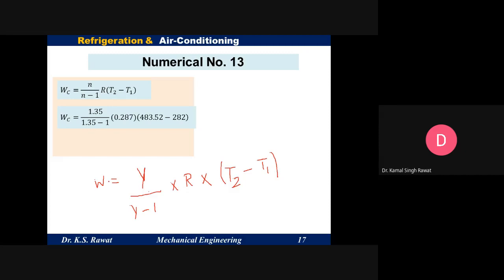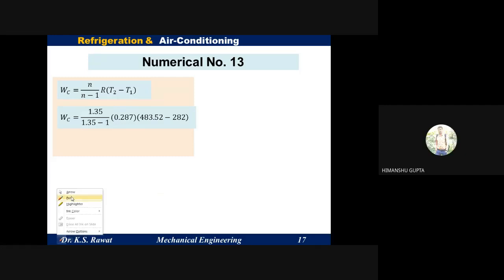So this is the compression work in the isentropic process or adiabatic process. Listen carefully. The value of gamma is 1.4. How do we define gamma? Sir, Cp over Cv. So we can write Cp by Cv divided by gamma minus 1.